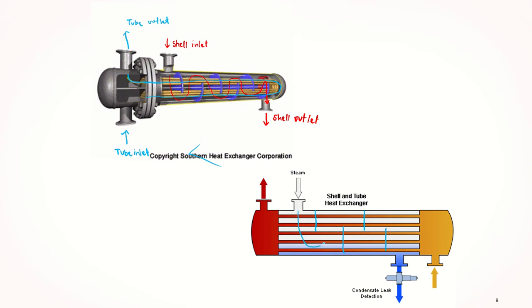So it would go something like this, and this is for the shell side. As you can see, we only have a single pass shell side. And also for the tube side, we only have one single pass also. So in a way, we call it a single pass shell and tube heat exchanger.